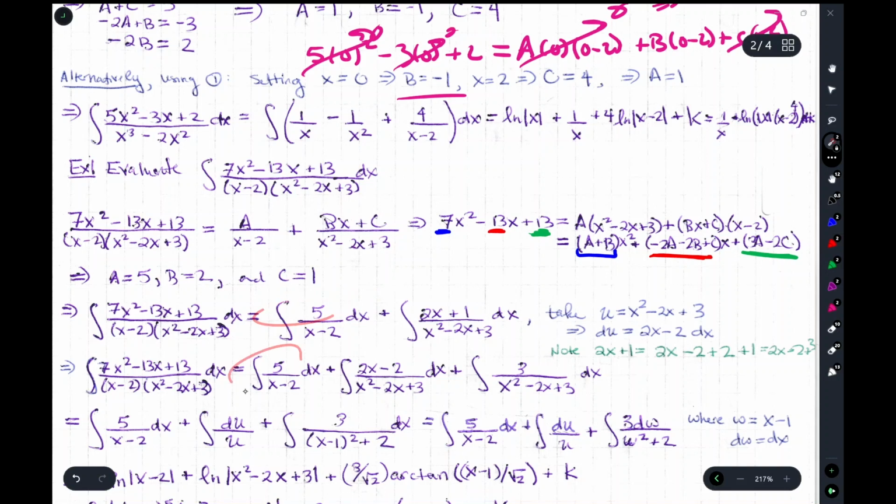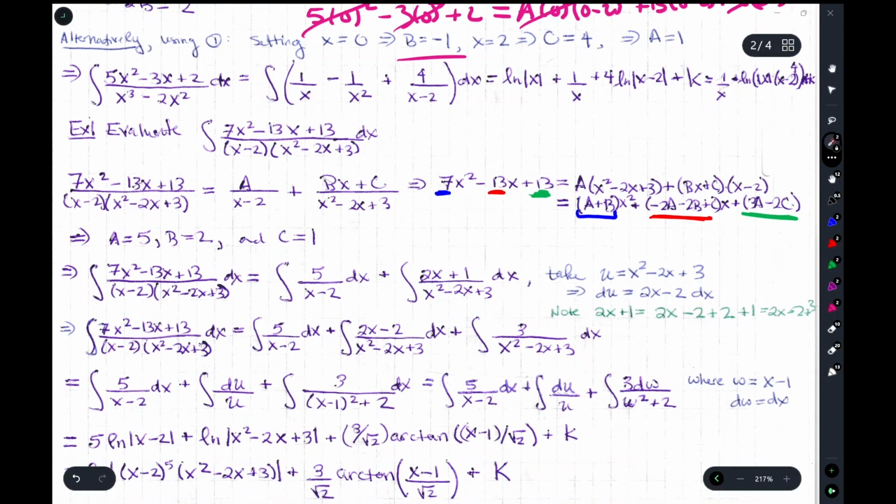This is just our original term here. And now we split up 2x plus 1 over this into these two terms, okay? And now I can have this be u, and then sweep the 2x minus 2 into du, and I have this 3 over this factor. Now, how do I deal with that? Okay, it's actually easier to deal with by completing the square.